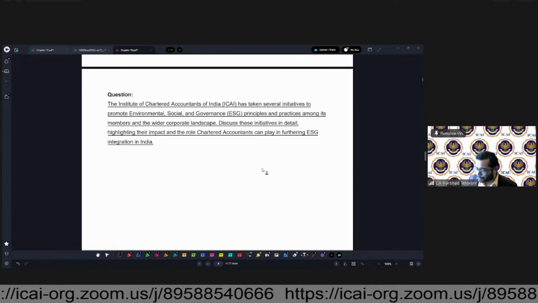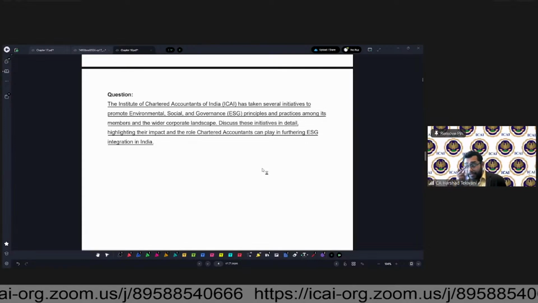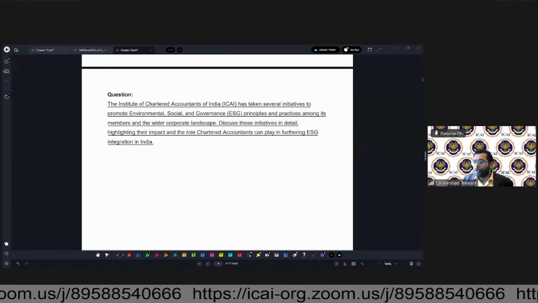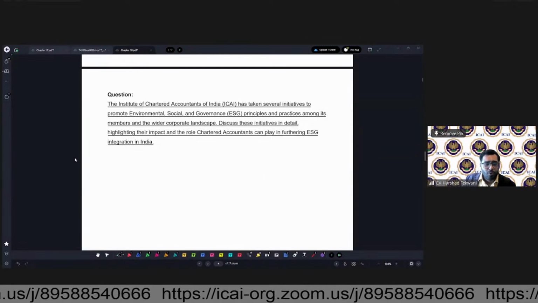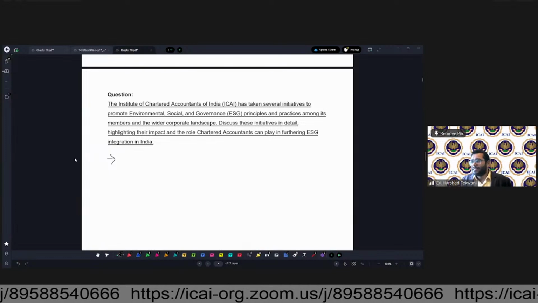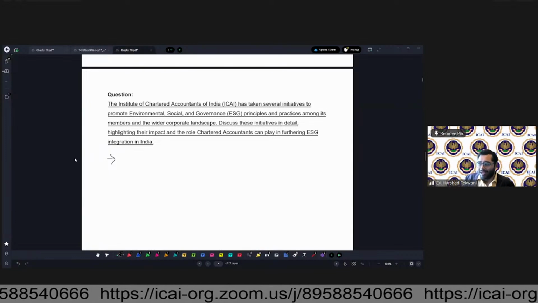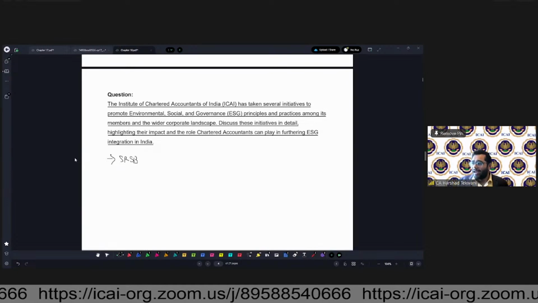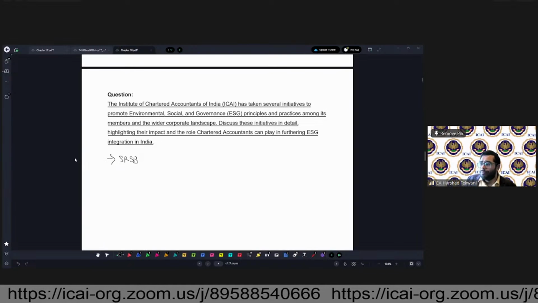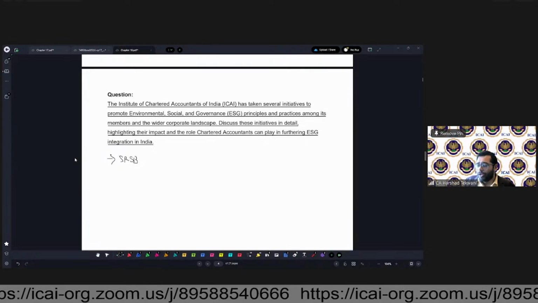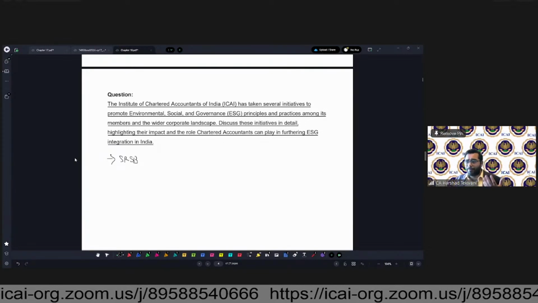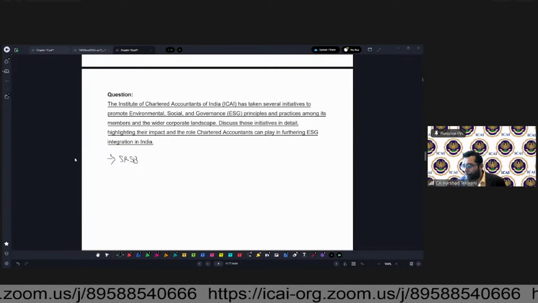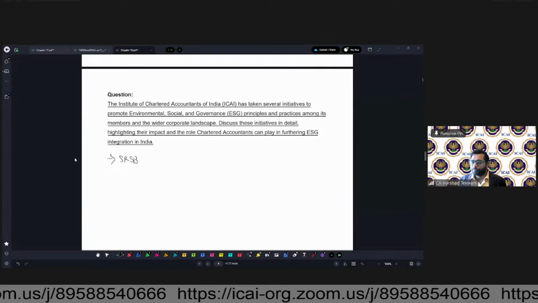No, I'll tell you. So it started with ICAI constituting a board. In 2020, ICAI started a board known as the Sustainability Reporting Standards Board, SRSB. The mission of the board was to take appropriate measures and to increase awareness with respect to ESG, integrated reporting, and the BRSR framework.